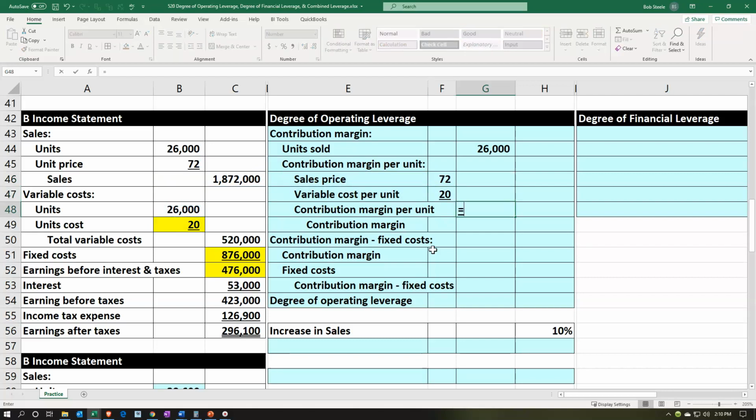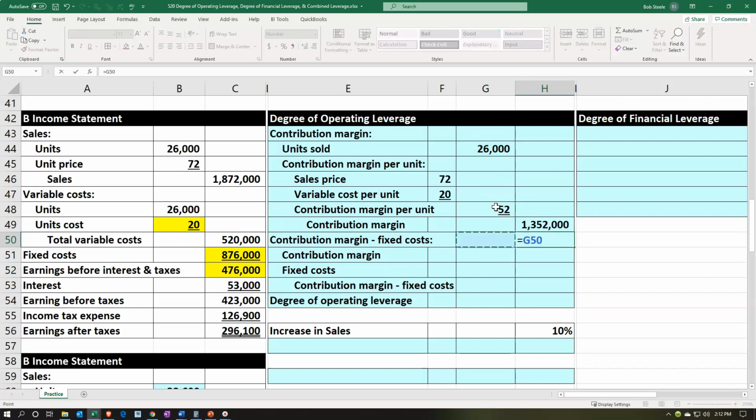Therefore, the unit contribution margin, 72 minus the 20, is going to be 52 now. And so now this will be equal to the total contribution margin, which is the units sold times the contribution margin per unit. That gives us the 1,352,000.